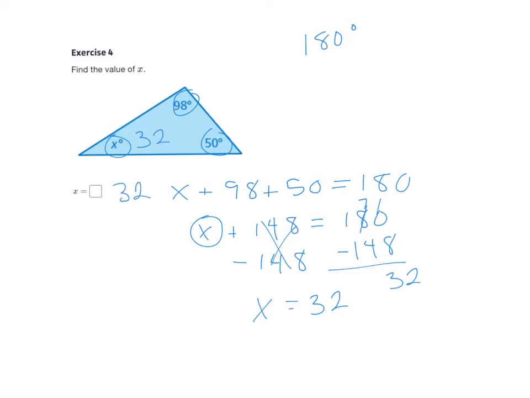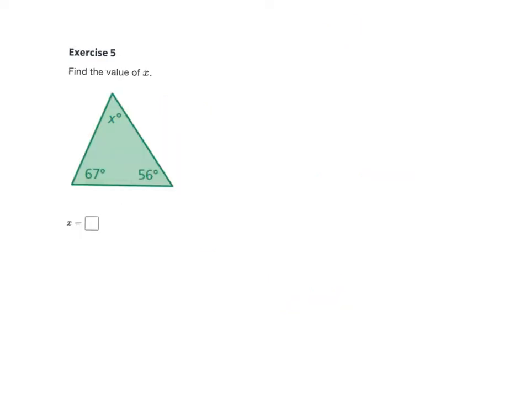Let's take a look at the next one. Once again, inside of a triangle, of all triangles, there's 180 degrees. So we're going to have x plus 67 plus 56, and that's going to equal 180. 67 plus 56 is going to be 110 plus 13, 123.